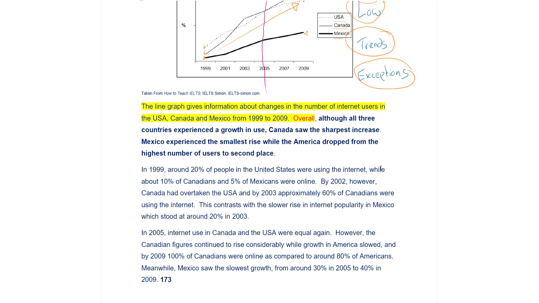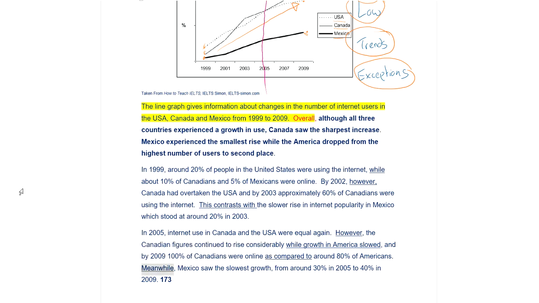And all the way through these main body paragraphs, I am comparing the information. This is so important to do. Sometimes people just describe the data, and they really want you to show that you can compare stuff. Okay? So all of these phrases are really good ways of comparing information.